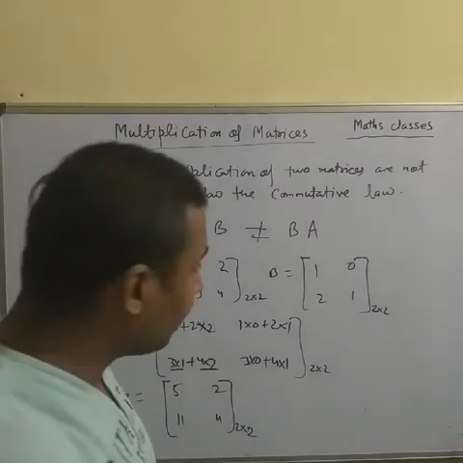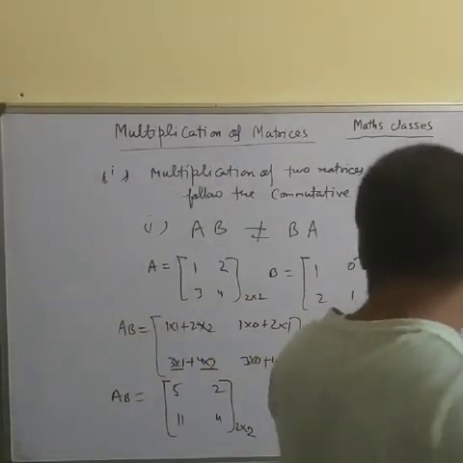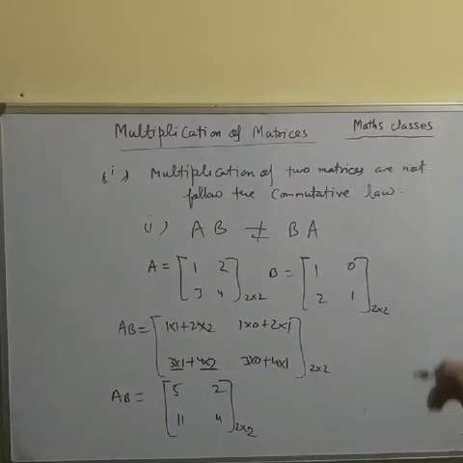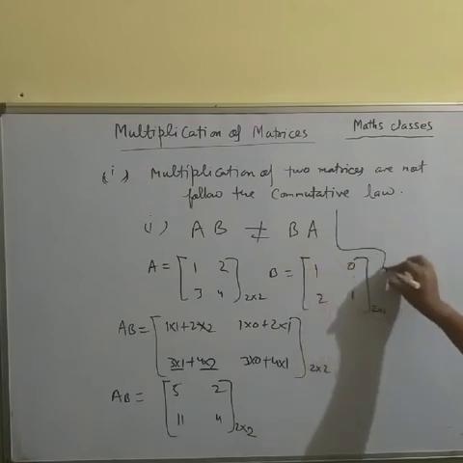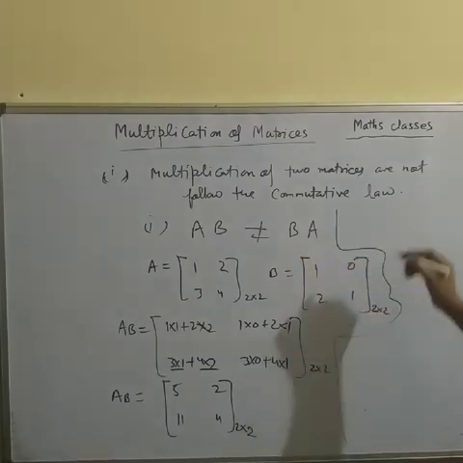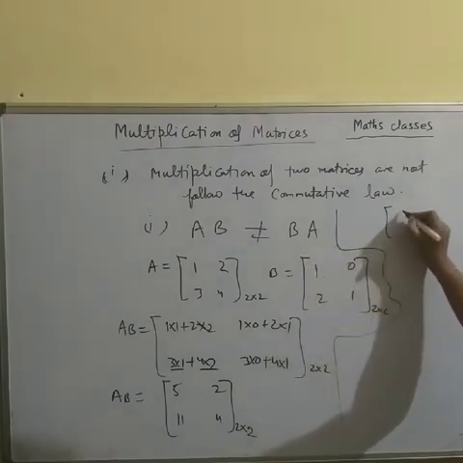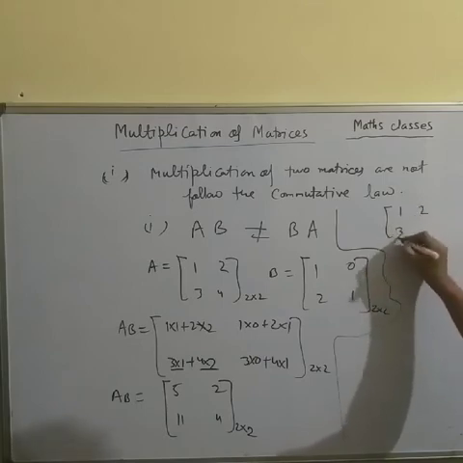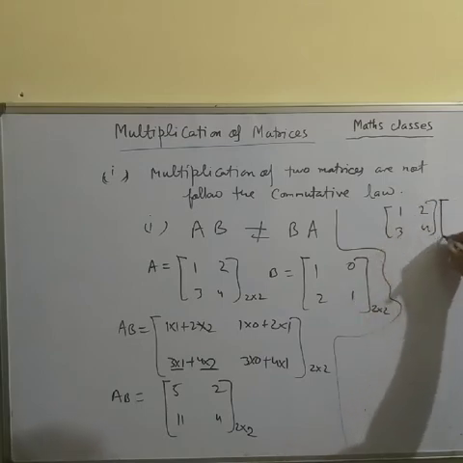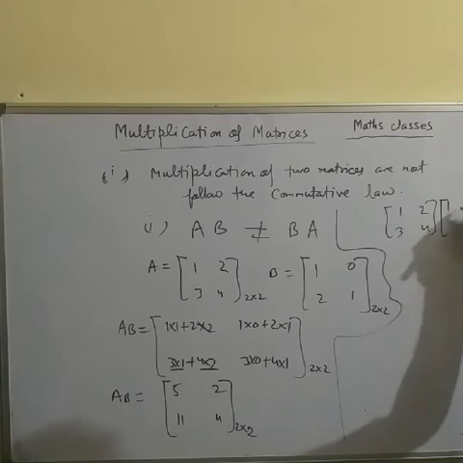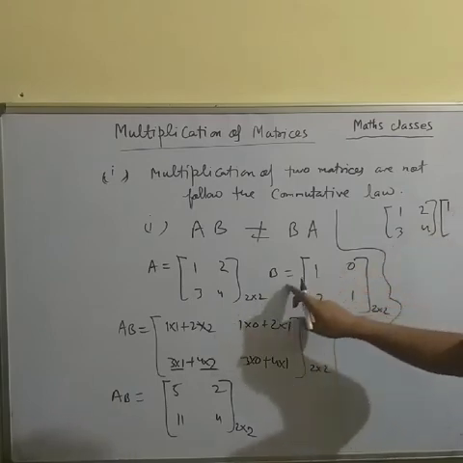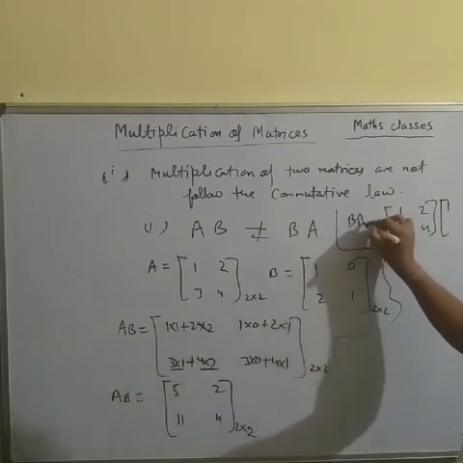Again we multiply, find BA. Sorry, B first, this is BA.